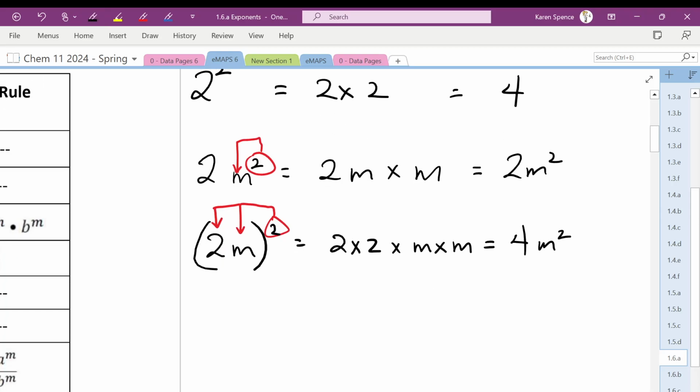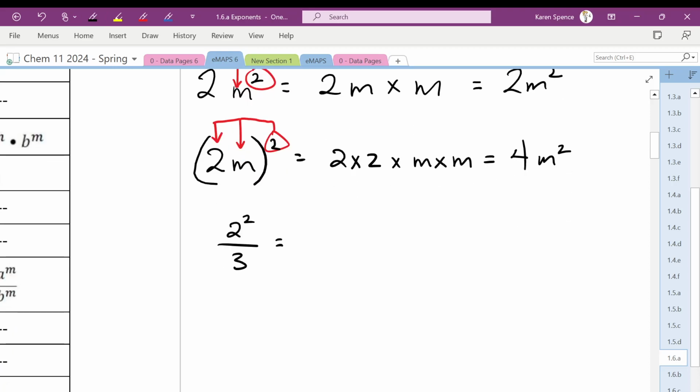Now, what if I had 2 squared over 3? I would only square the 2 because the little squared is only attached to the 2. So I would have 2 times 2 divided by 3.